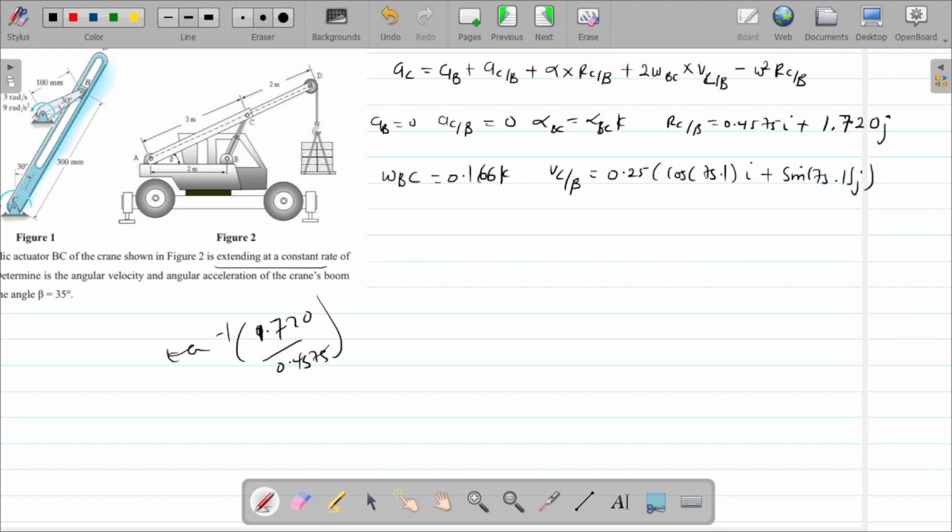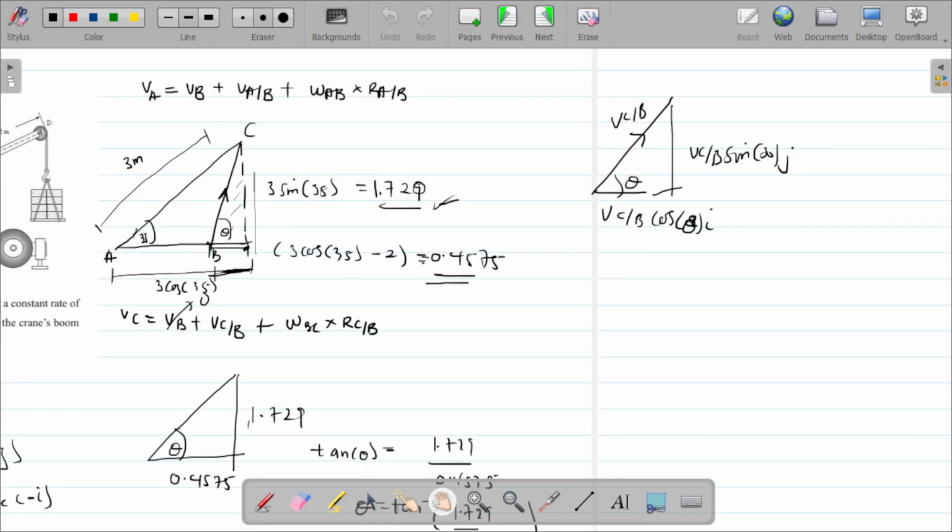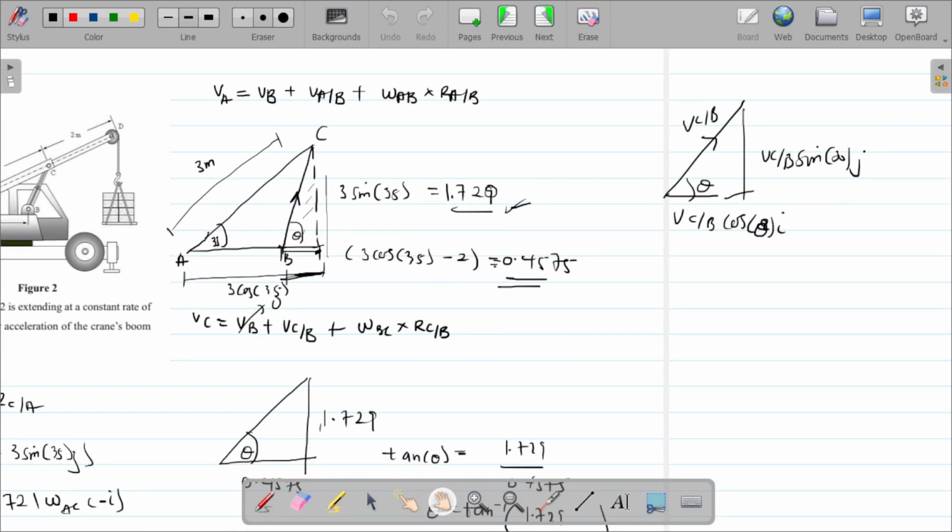All right, so I believe you all get this, the previous. So we said the translational velocity is along this direction, which we modeled here, and then we found the angle here, which was 75. So the velocity in component is this and this. All right, so we needed to find the angle theta, and the angle was 75. So we put 75 here, put 75 here.